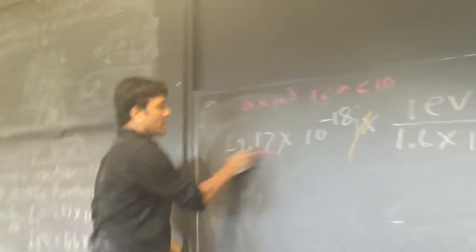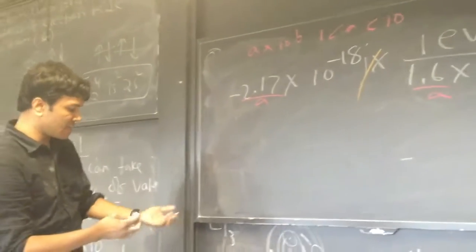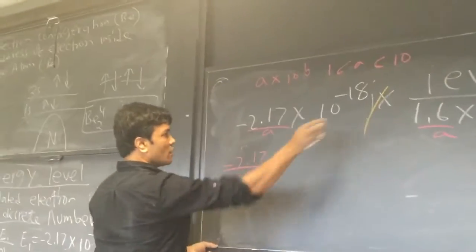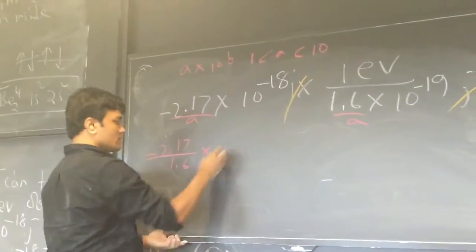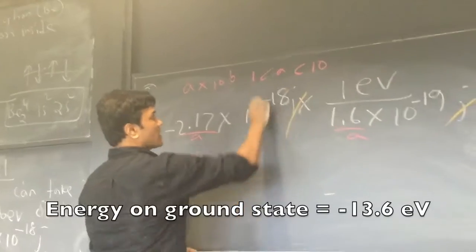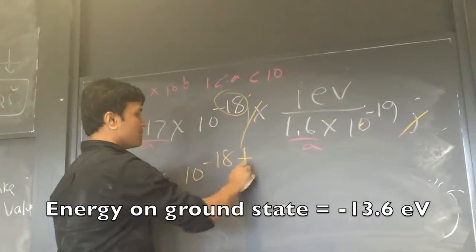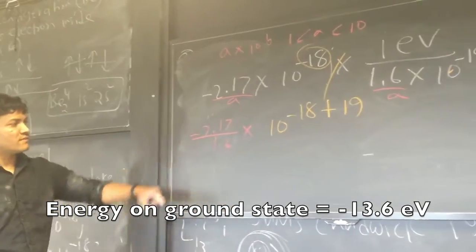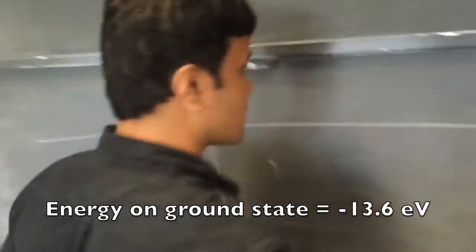So this is our A, and this is also our A. Let's take care of A over A, which is minus 2.17 over 1.6. Now let's take care of the 10, which is 10 raised to negative 18. When you move it up, negative becomes positive, so you get positive 19. If you don't understand one way, you will probably understand the other way.